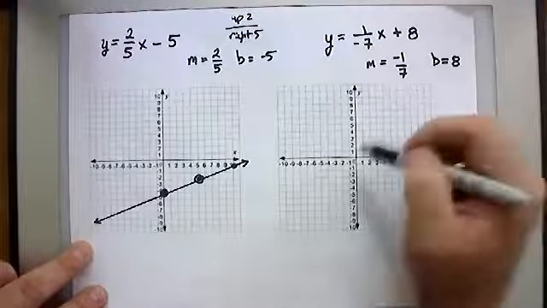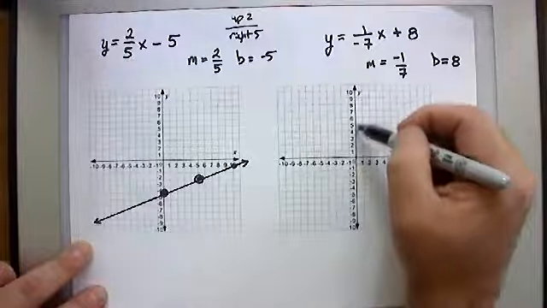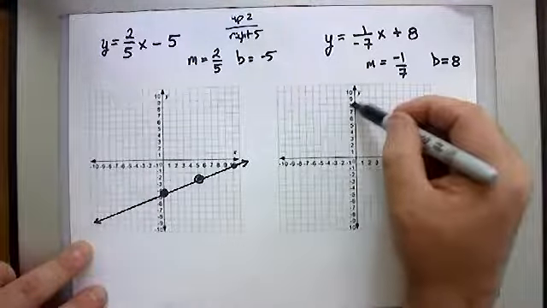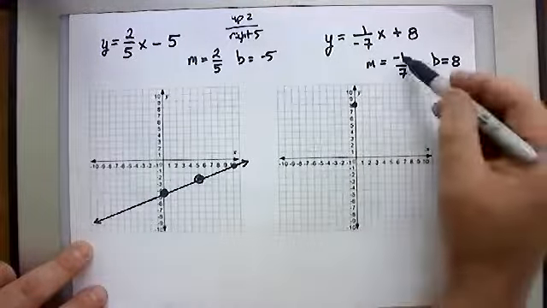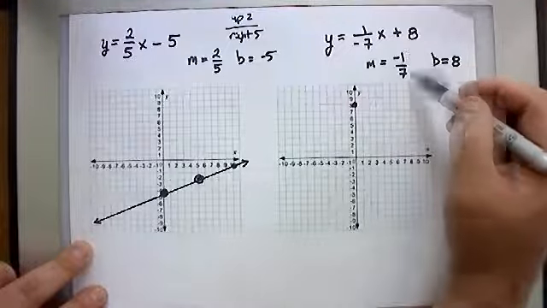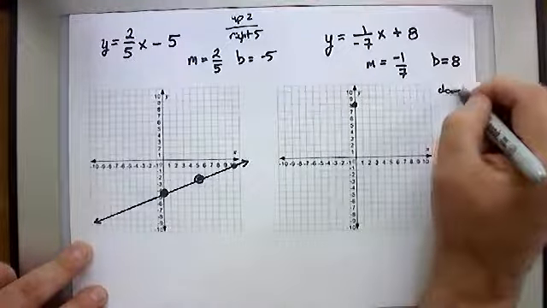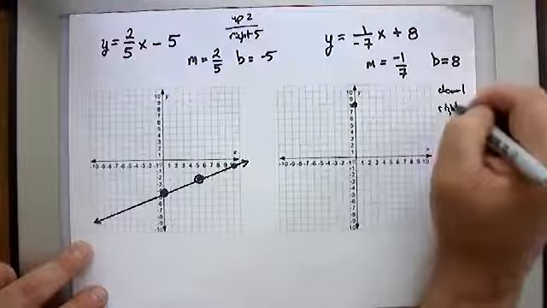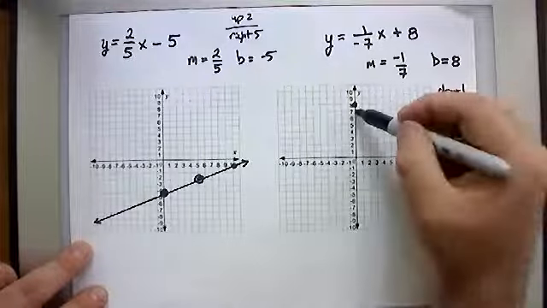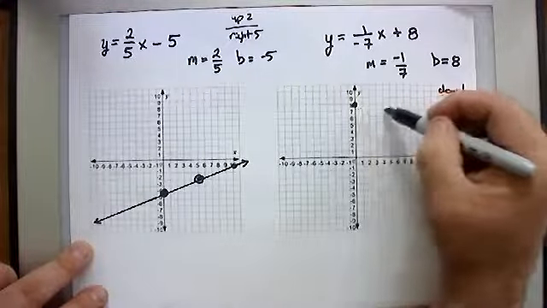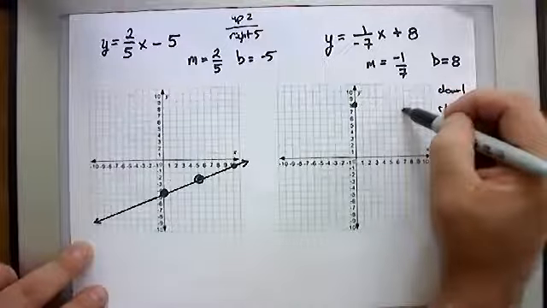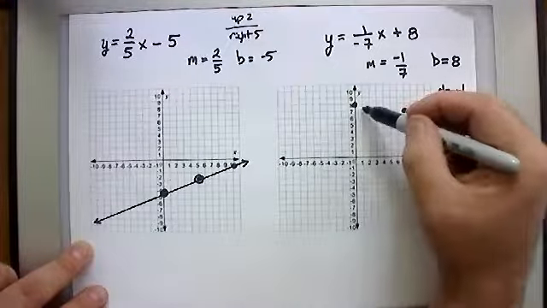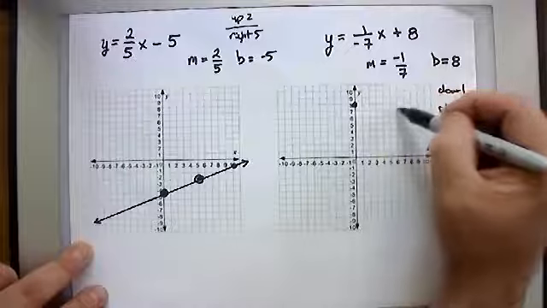So our b is 8, so we're going to start up here at 1, 2, 3, 4, 5, 6, 7, 8. And then my slope is going to tell me to go down 1 and right 7. So down 1 and then right 1, 2, 3, 4, 5, 6, 7.